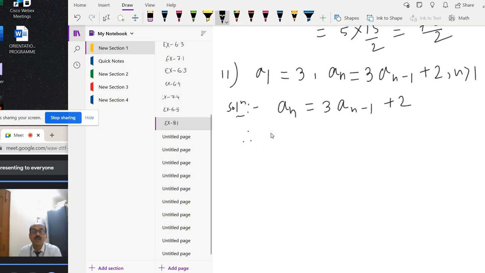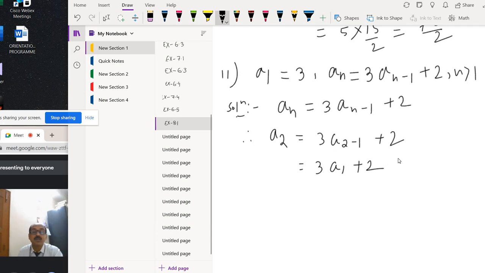So a2 equals 3 into a2 minus 1 plus 2, which is 3A1 plus 2. A1 is 3, so it will be 9 plus 2, which is 11.